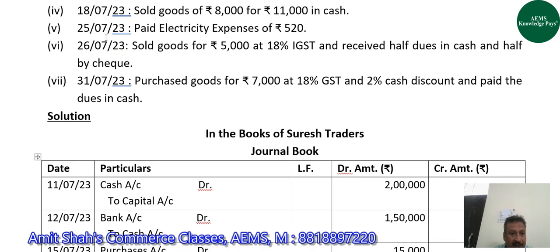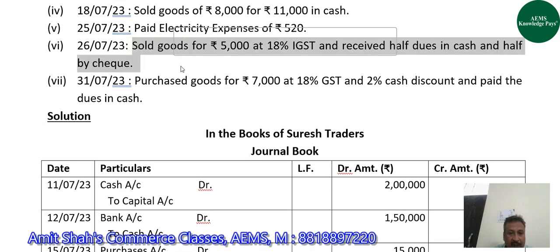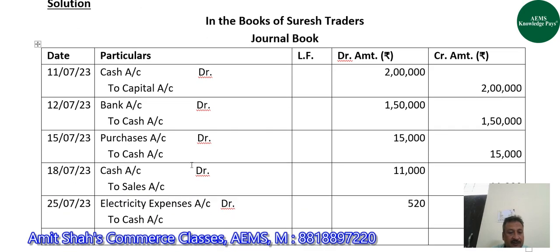On 26th July, we have sold goods for rupees 5,000, 18% GST, and received half dues in cash and half by check. 26th July, right?